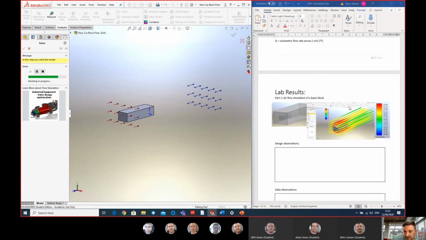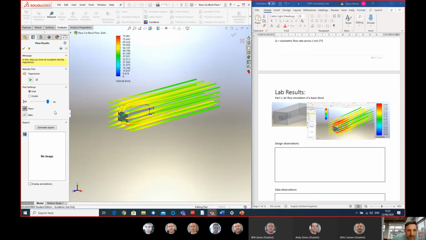It's basically going to give us this little image here. There you go. It's giving you some little ideas there. Look at some of the things that can be done with flow: mapping temperatures and airflow and water flow and cooling, as well as the aerodynamics.